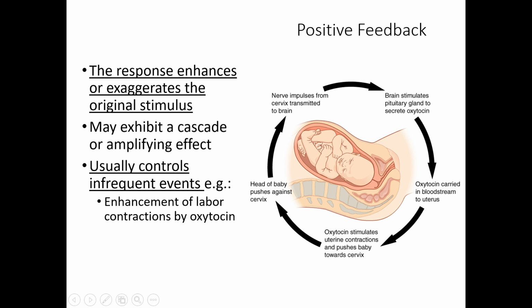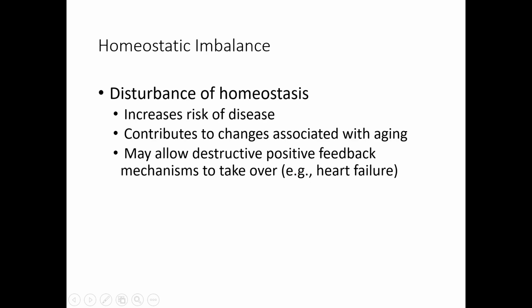Its size changes, its shape changes, position of the organs in the abdominal cavity of the woman changes, and her level of hormones changes. Will the body resist that change? No, the body will support the growing fetus and then the childbirth. So the response enhances or exaggerates the original stimulus, and that is called positive feedback.